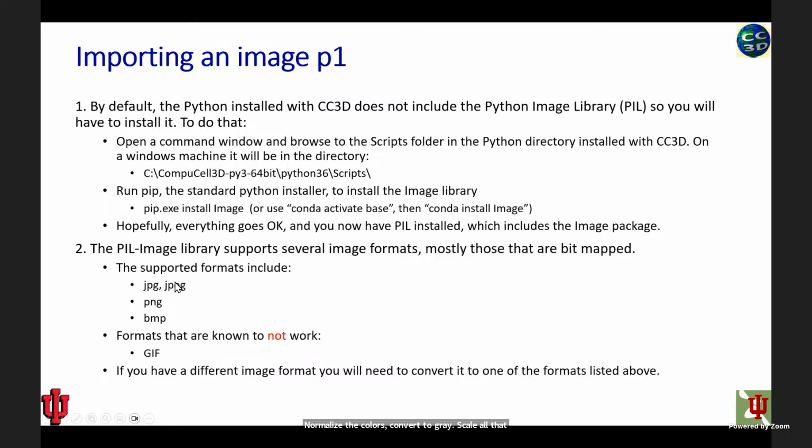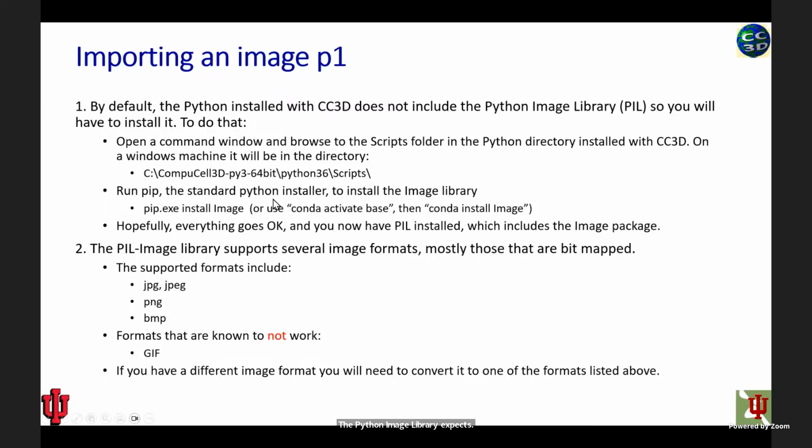PIL in particular only supports bitmapped images, and doesn't work for GIF for some reason, even though GIF is a bitmap image. But most images are bitmapped, so JPEG, PNG, bitmap. If you have a different image, programs as simple as Paint can load all kinds of different image formats and save it into one of the formats that the Python image library expects.